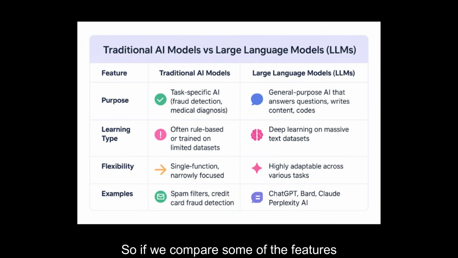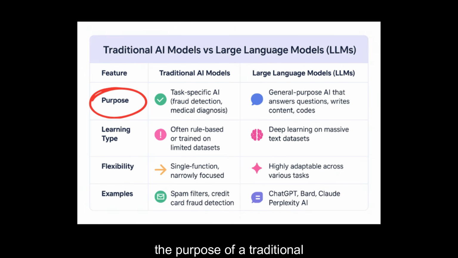So if we compare some of the features between the traditional AI models and the large language models, the purpose of a traditional model might specify that it's task-specific artificial intelligence like fraud detection, object recognition, and medical diagnosis, whereas the purpose of large language models might be general-purpose artificial intelligence that can answer questions, write content, and more.